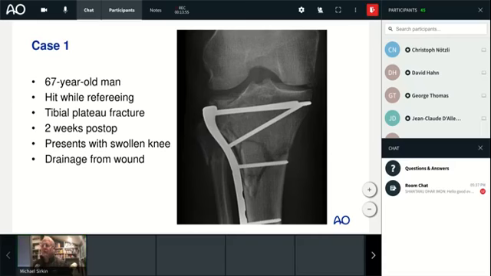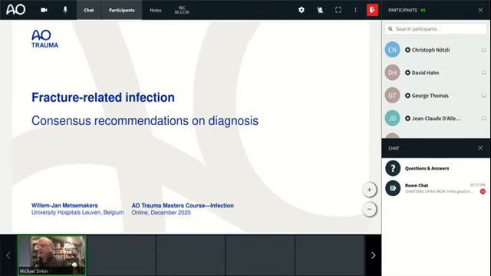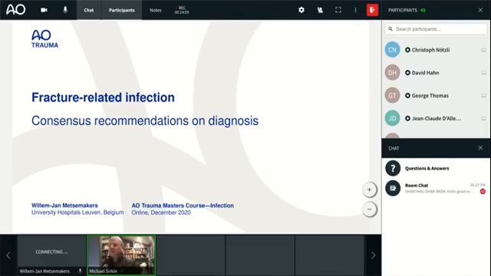At this point, before we can talk about discussion, we're going to need to discuss the case. We're going to need to know, how do we make the diagnosis? There have been some differences in how to make the diagnosis. We'll have Willem Metsemakers from Belgium give us a short talk on the consensus recommendations on diagnosis. Willem?